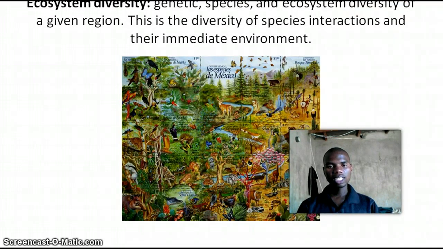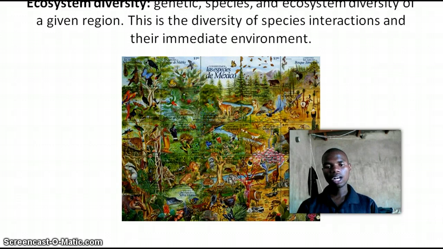And then we have ecosystem diversity, the diversity of a given area. This is the diversity of species interaction in the immediate environment. This relationship involves the species and the environment that they live in. So they intermingle. Desert species interact with the desert; when it is hot, they burrow in the sand and hide under it.